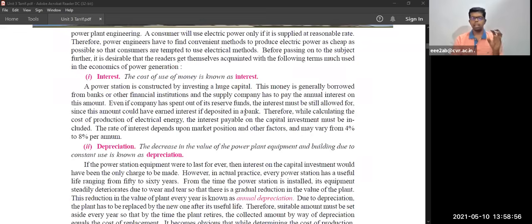So some reserve funds will be there with the government itself. Like a sudden natural calamity, sometimes your dam may get damaged, and it may get busted or opened. Due to that, your power plant will be damaged, and your dam also will be damaged.